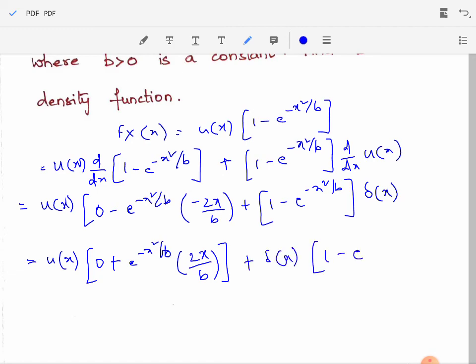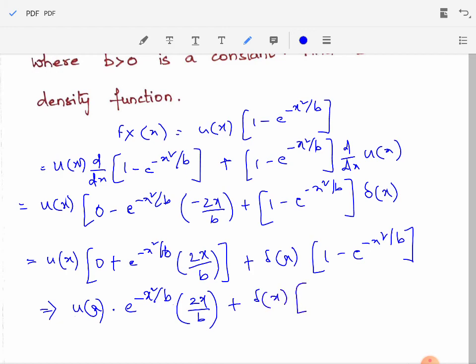Which is equal to u(x) e^(-x²/b) 2x/b plus delta(x) times (1 minus e^(-x²/b)). Now the second term becomes 0 because it is an impulse function, which is 0 when x is equal to 0.